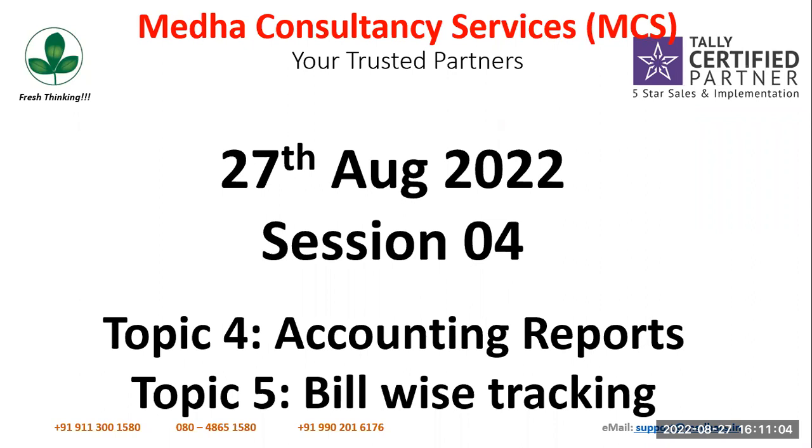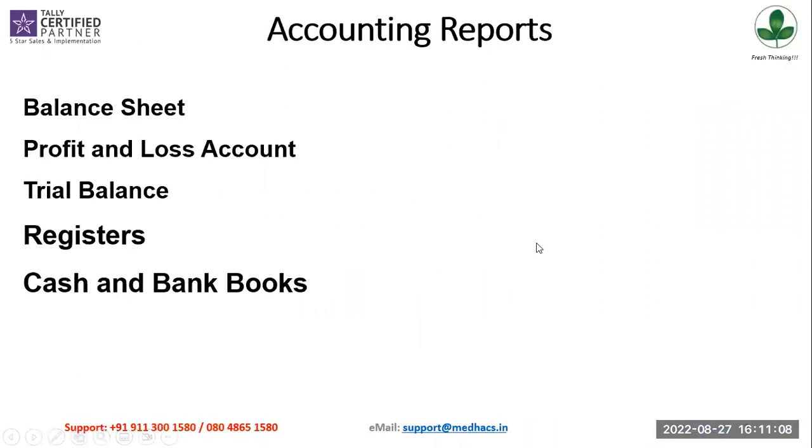Okay, so let us get into this. So some of the reports that we look at. One is, of course, the balance sheet. There's a final report of assets and liabilities in the organization. Then profit and loss account. We also call it income and expenditure account to typically know where we stand with respect to business profits or losses.